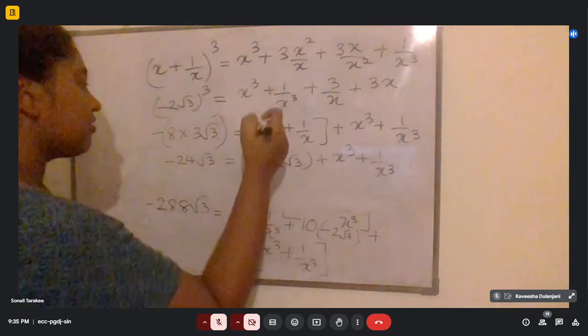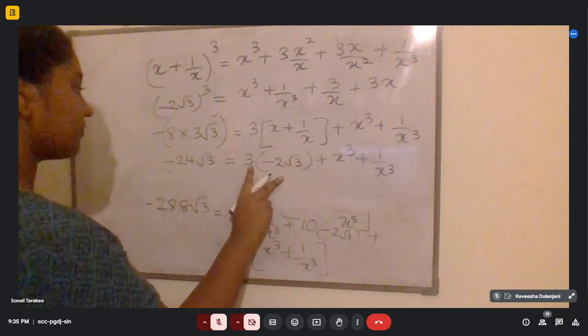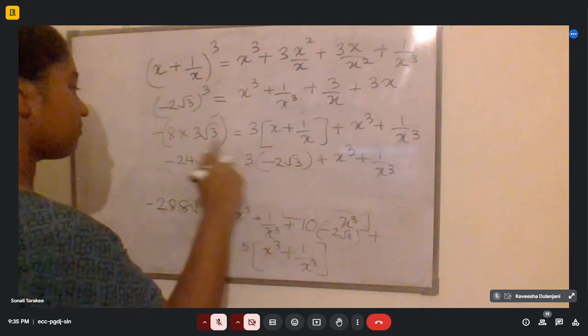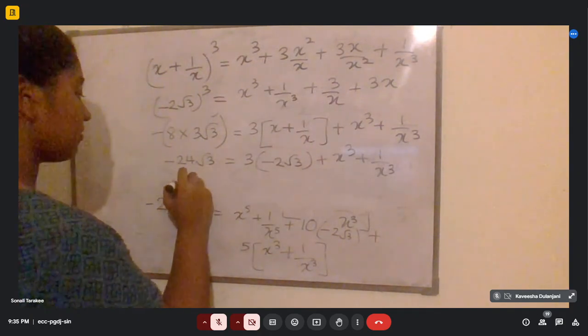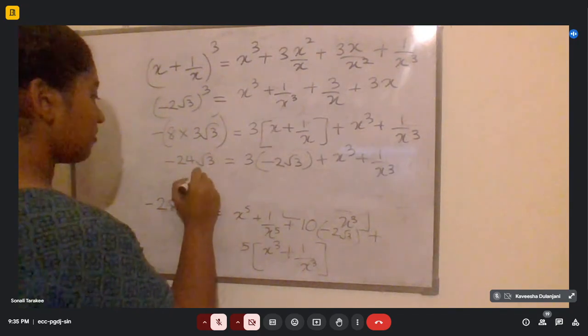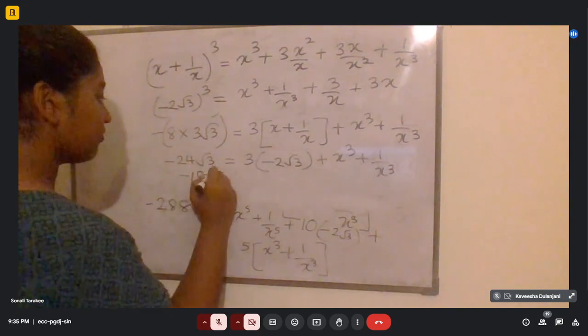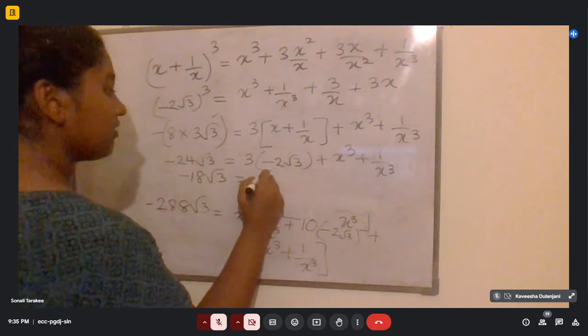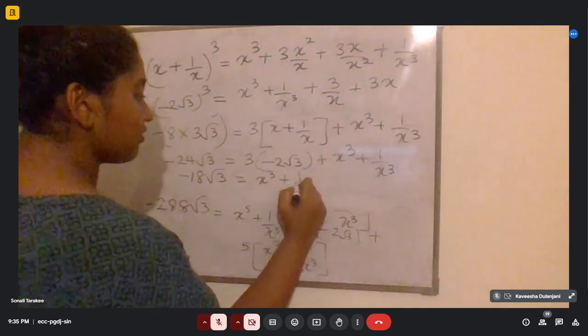So once you solve this one, you get minus 18 root 3 equals x cube plus 1 over x cube.